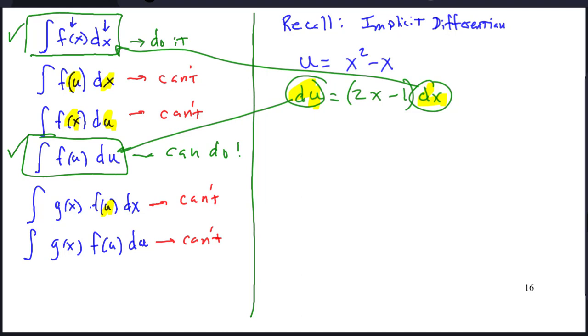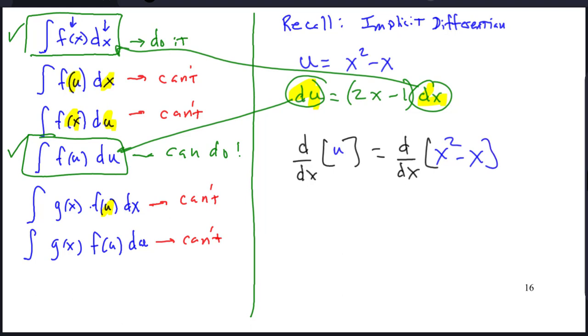Now there's a long way of doing this where you have dx and you put u inside there. This one is a little tedious though, I think. Equals dx, and we put x squared minus x in there, and then we differentiate that. Now on the left side we get du dx.